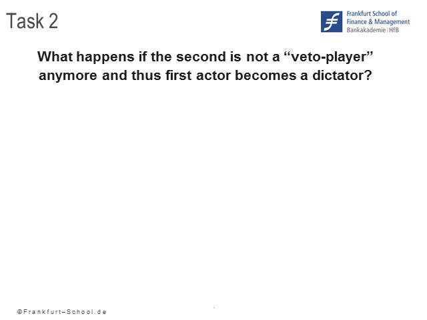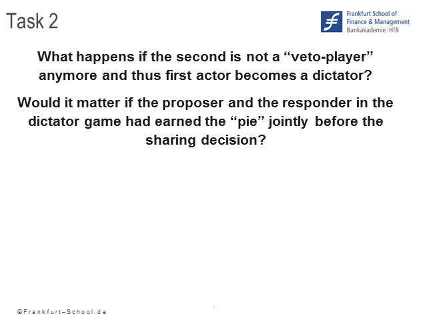Here's a task for you. What do you think happens if the second is not a veto player anymore, and thus the first actor becomes a dictator? Think of it. Think also about what is tested here. Would it matter if the proposer and the responder in the dictator game had earned the pie jointly before the sharing decision?